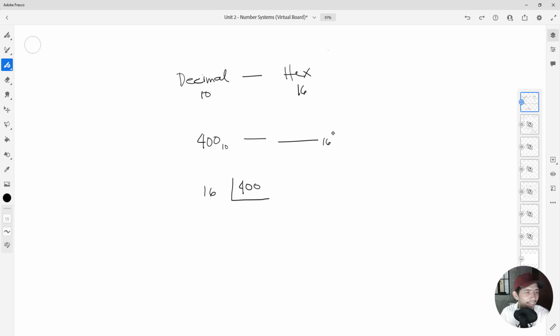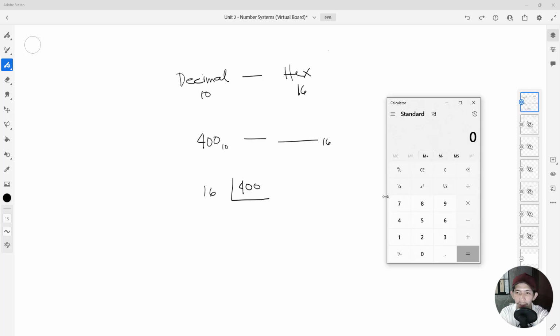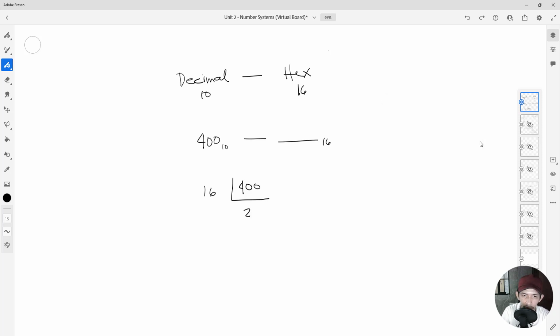Okay, so let's use our calculator again. Huwag na tayong mag-mathematician dyan. So we have 400, and then let's divide it by 16. Sakto 25. So the answer is 25, and then we have remainder 0, since sakto yung pagkaka-divide sa kanya.